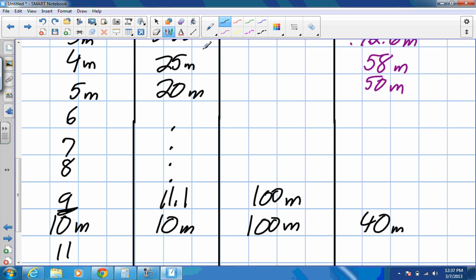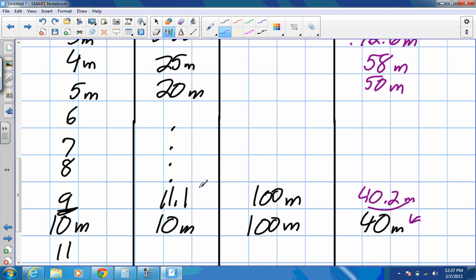What is it? 44.4. No, it should be 40.2. Good. That is larger than our 40, right? We're trying to minimize that perimeter. So that amount was larger, so 40 was probably a good guess.